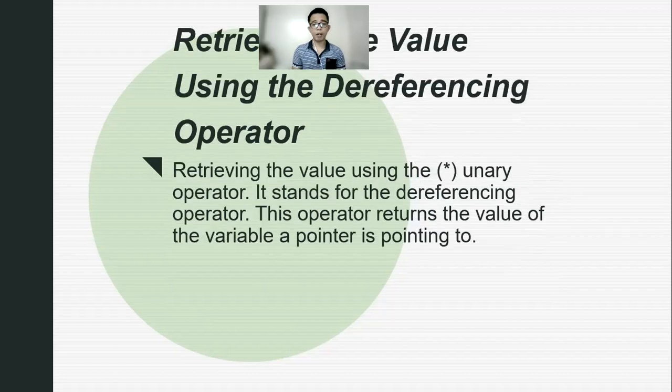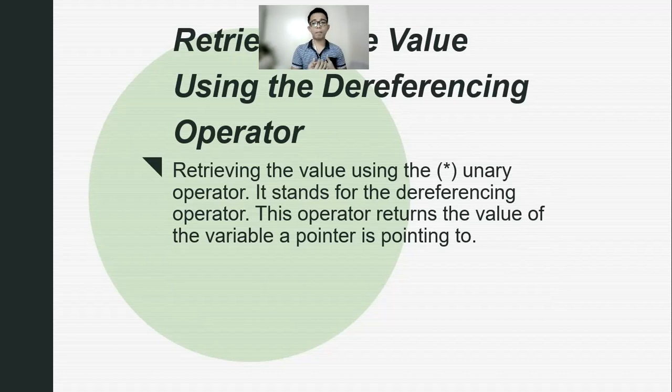Next, we have retrieving the value using the dereferencing operator. This means retrieving the value using the asterisk unary operator, which stands for the dereferencing operator. This operator returns the value of the variable a pointer is pointing to.